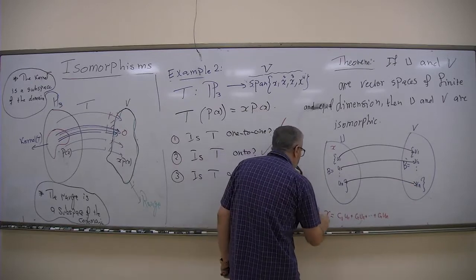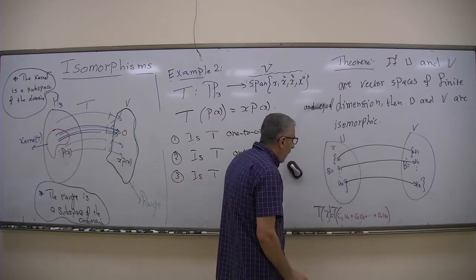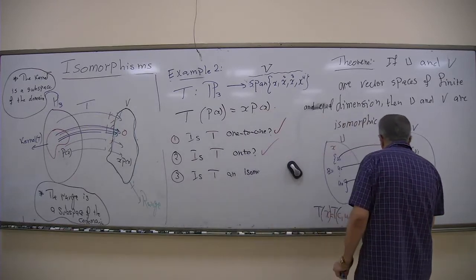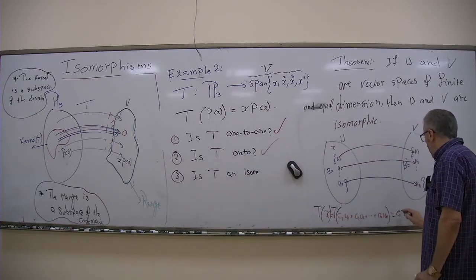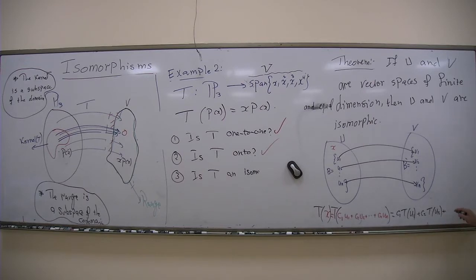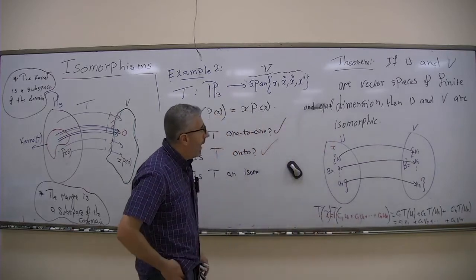It means when you take T of X, that is going to be T of this. And in this case, you can make this C1 T(U1) plus C2 T(U2) plus up to Cn T(Un). And in this case, T(U1) is V1. So in this case, we make a linear transformation that is one-to-one and onto.